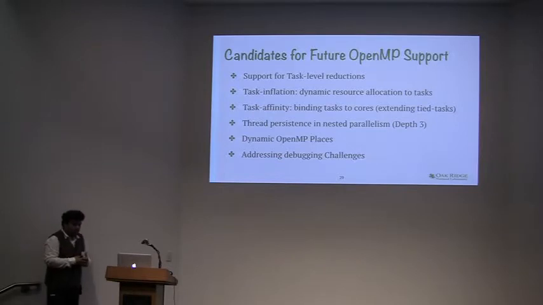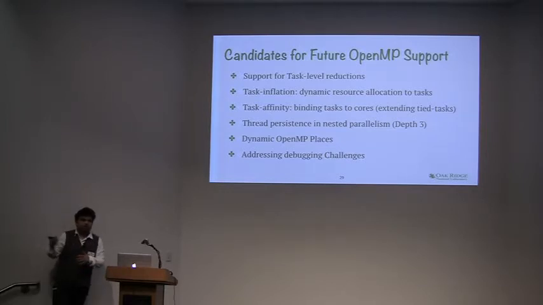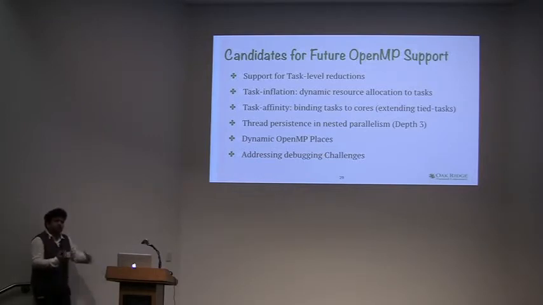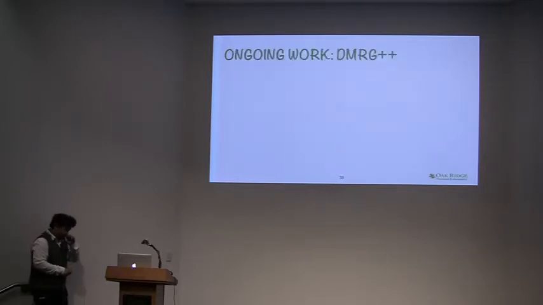Currently we don't have support for dynamic OpenMP places. It's static, so you would create it outside when you're calling the actual code, and once you start the kernel itself, you cannot change the OMP places, which we needed for certain kinds of applications where the kernel itself is growing, so you want to change the OMP places there as well. And addressing debugging challenges would be something interesting for us as well.